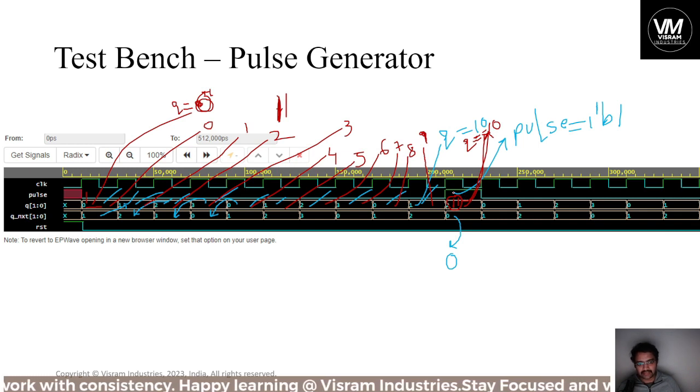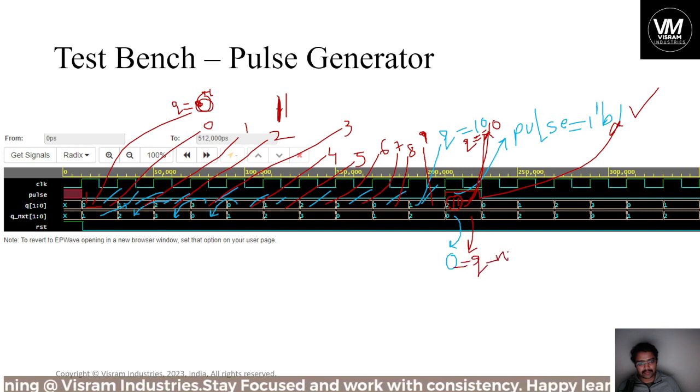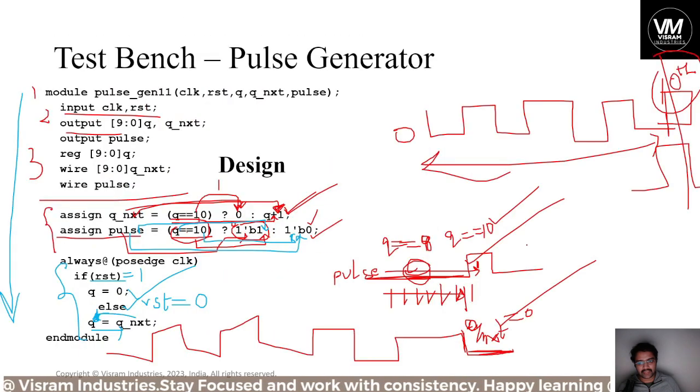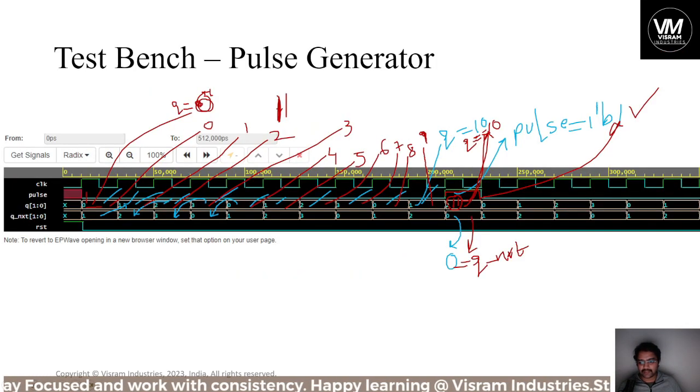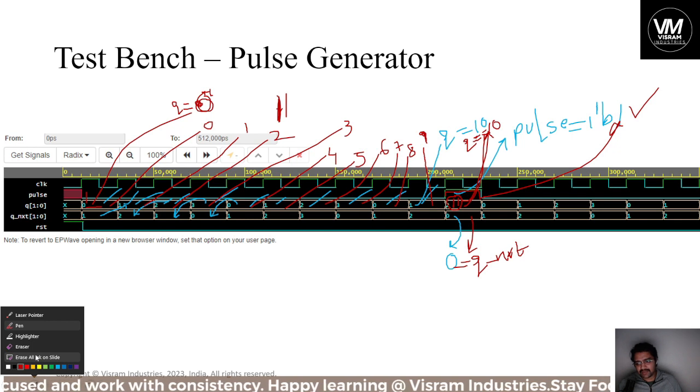So at the 10th, pulse is equal to 1-bit 1 and Q next is equal to 0, as mentioned here: Q next is equal to 0 when Q equals 10. Understood? That is how the pulse generator works, same as the counter.